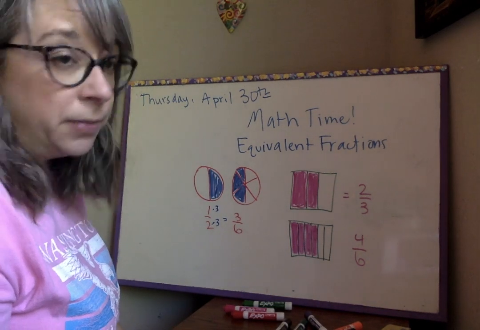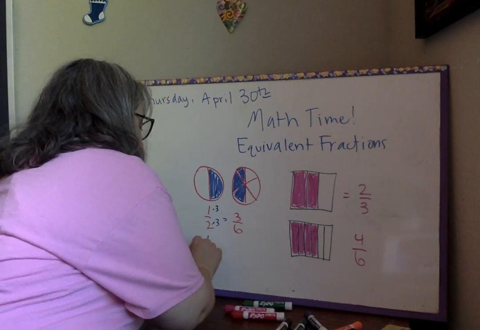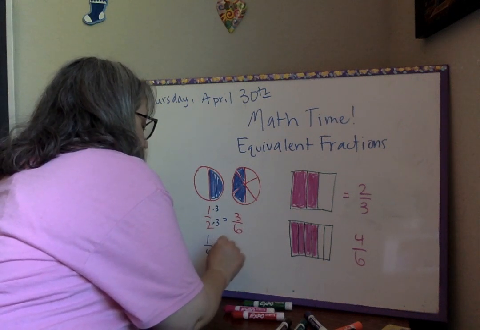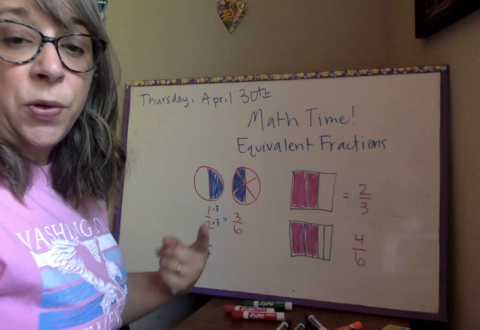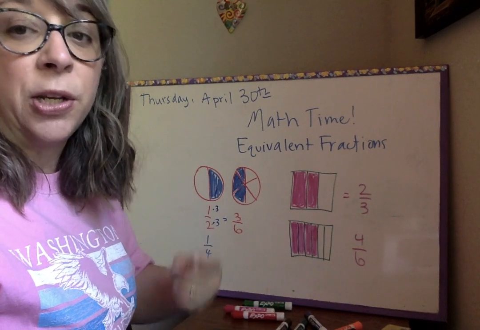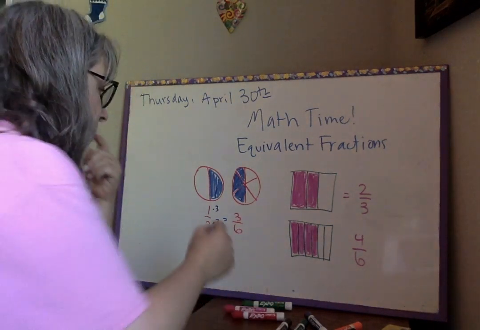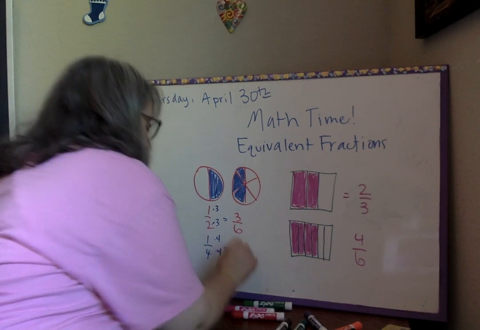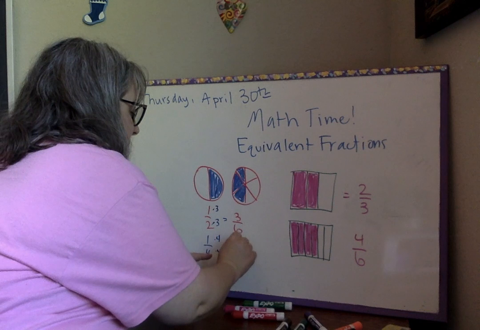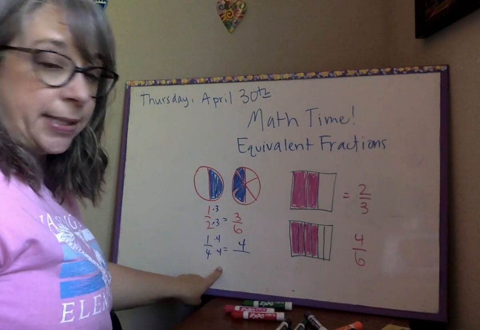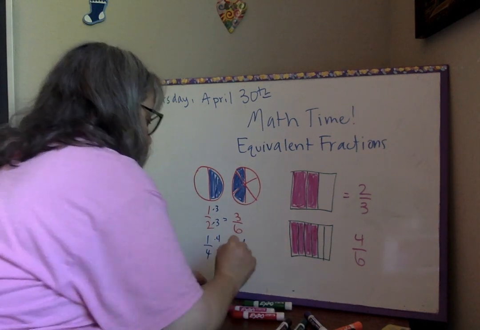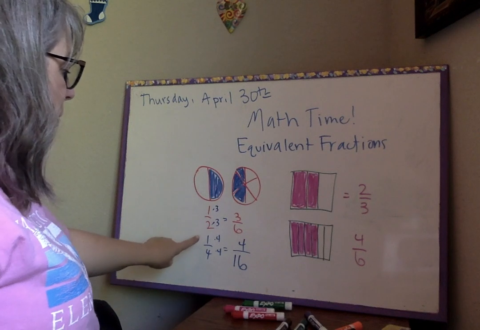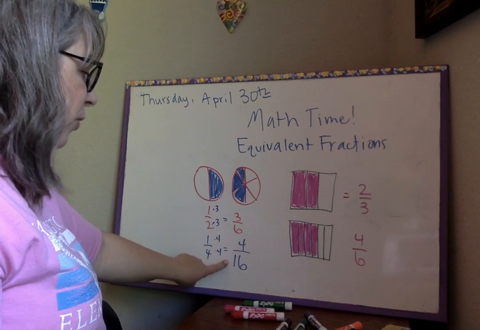Can you use any number? Of course, you can use any number. So you can say 1/4, as long as you multiply by the same number in your numerator and your denominator. So let's do 4. So 1 times 4 is 4, and 4 times 4 is 16. So 1/4 is equivalent to 4/16.